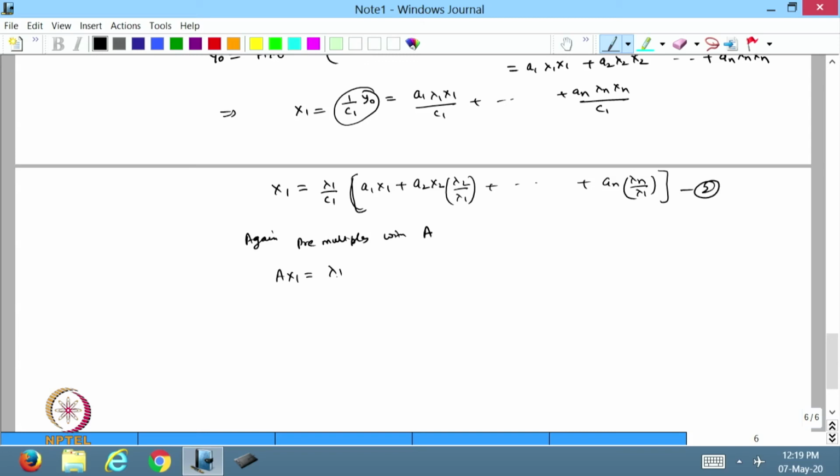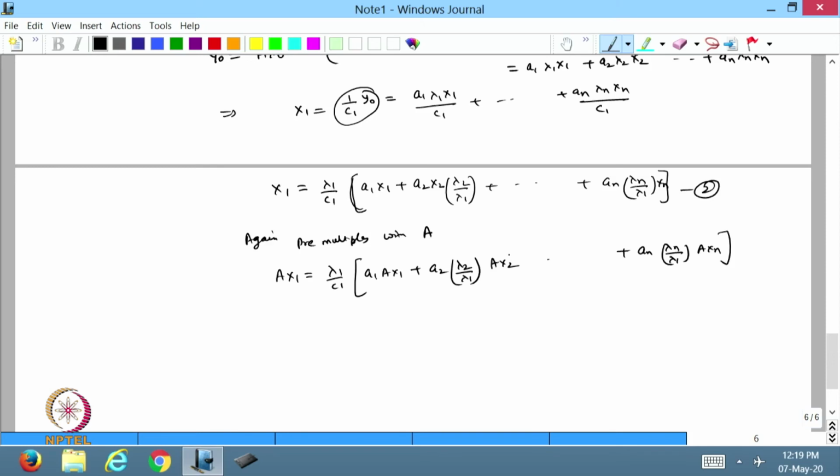Lambda 1 over c1 is a constant, so I can take it common, and from inside I can directly write A x1 plus a2 lambda 2 over lambda 1 A x2, and so on. An xn is also there, so it will be A xn into this factor, which is an lambda n over lambda 1 A xn.